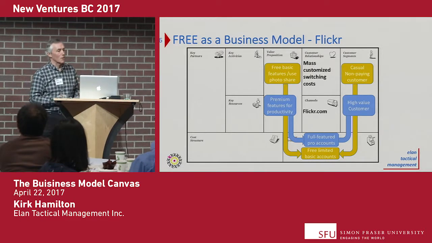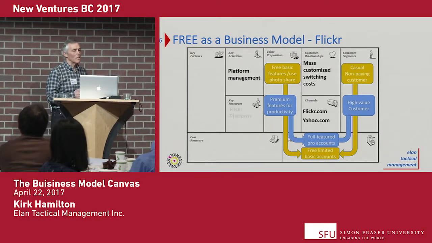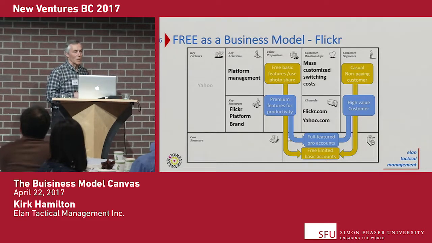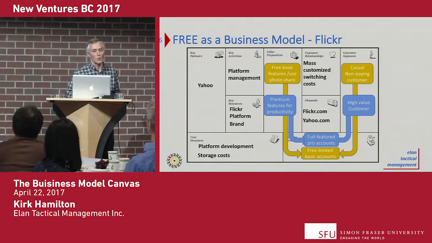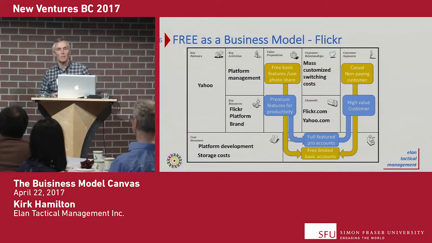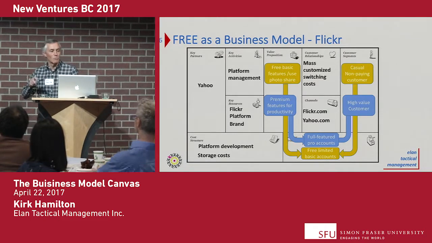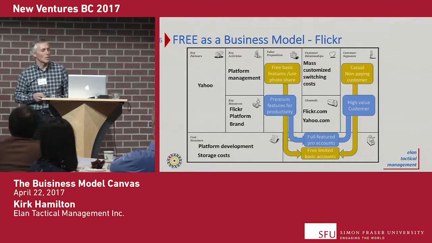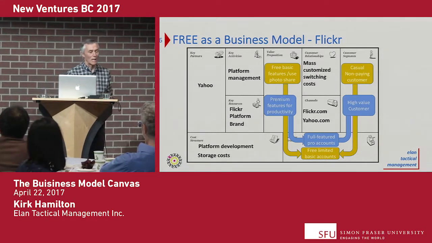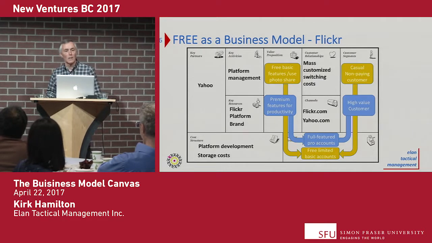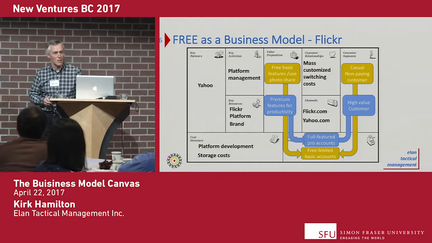So the rest of their model is fairly traditional. They've created some mass customized switching costs in their relationships. They are owned by Yahoo, so there's a relationship with Yahoo, and clearly their platform and platform management are key activities and key resources that they need to leverage, right?